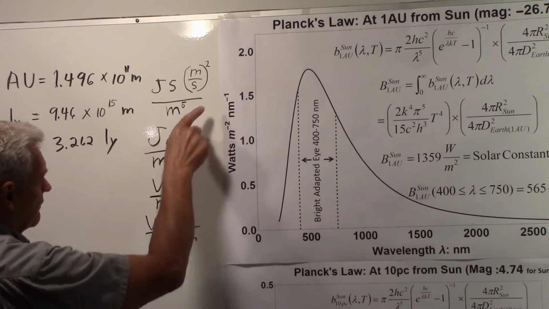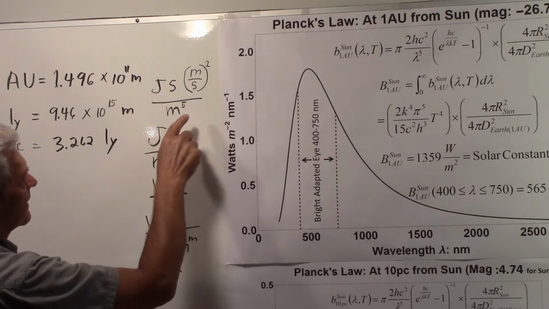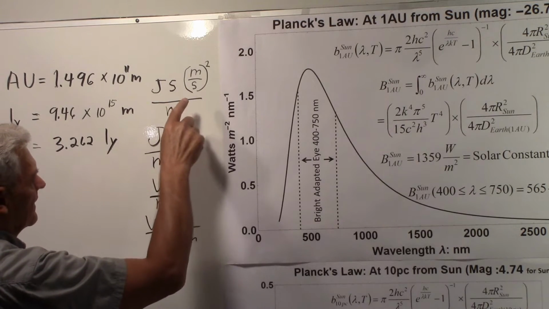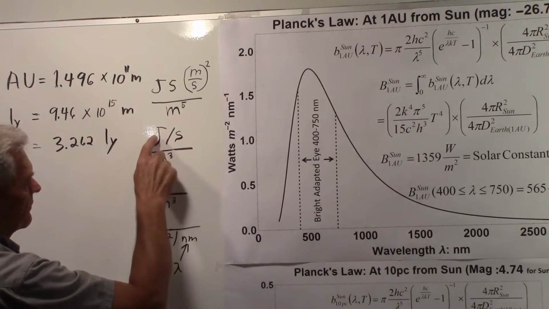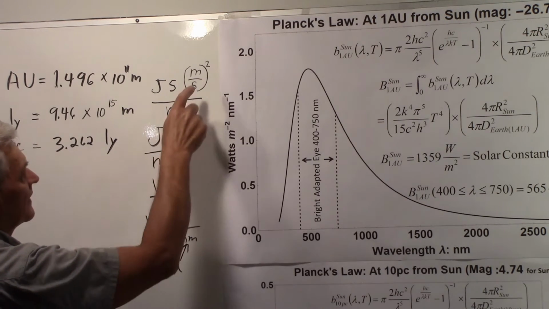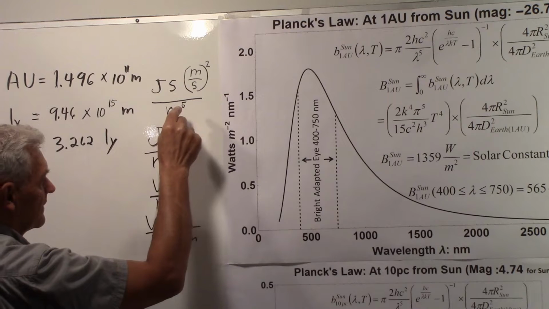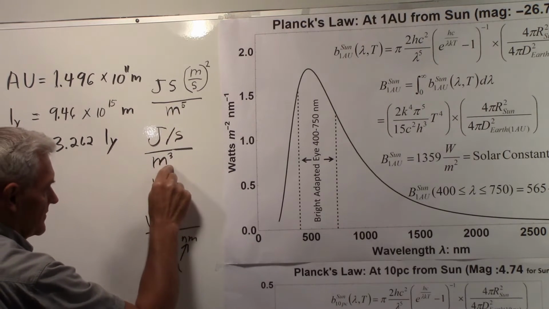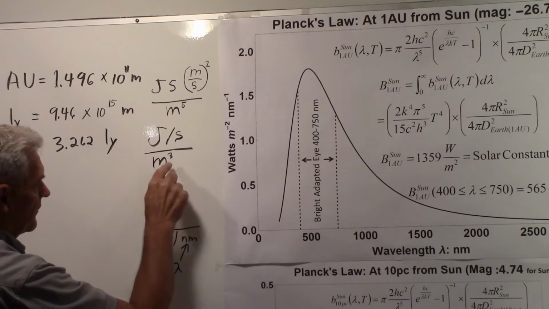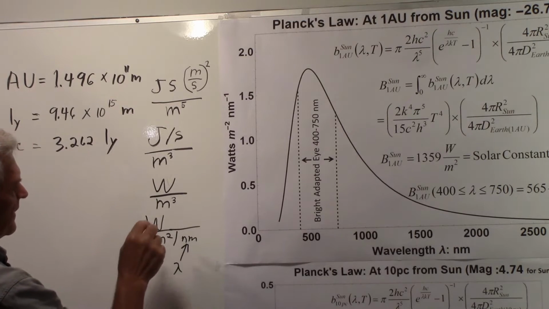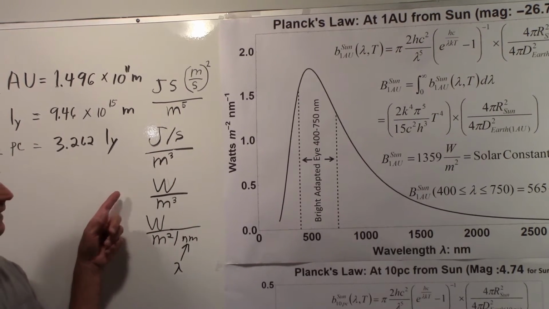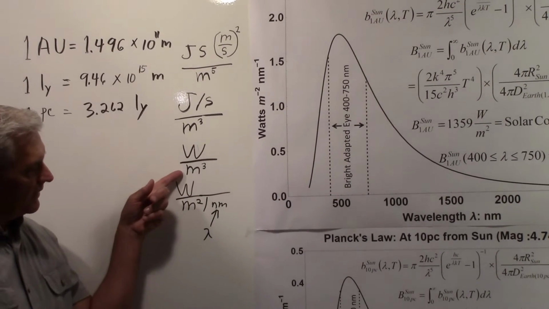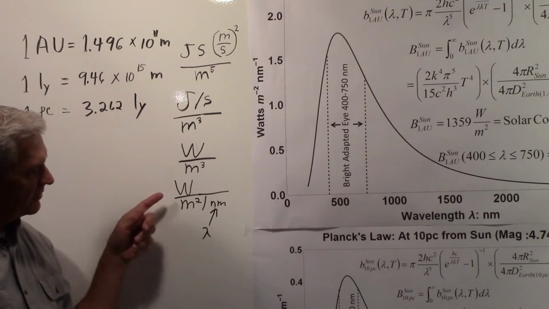So if we reduce these constants, the second cancels this second, the second squared cancels this second, so we wind up with a joule per second. The meter squared up here, and the meter 5th down here gives us a meter to the 3rd in the denominator. And a joule per second is a watt. So we have the meter cubed here, so it's watts per meter cubed.